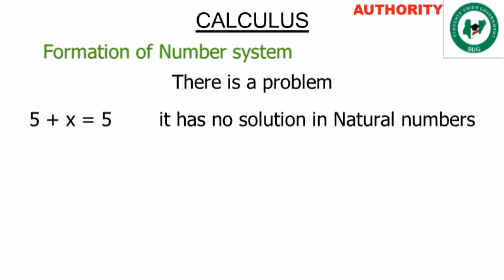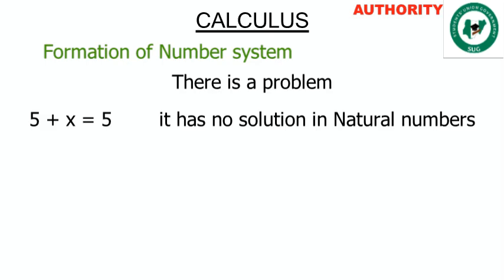If you pick 1, 5 + 1 is 6. If you pick 2, it will give us 7. If you pick 3, 8. That means there's no number from the natural numbers that can solve this problem.